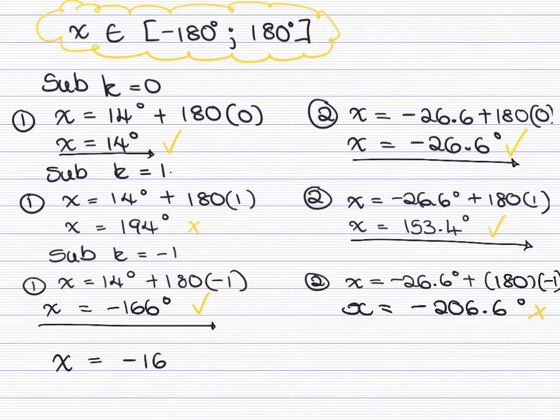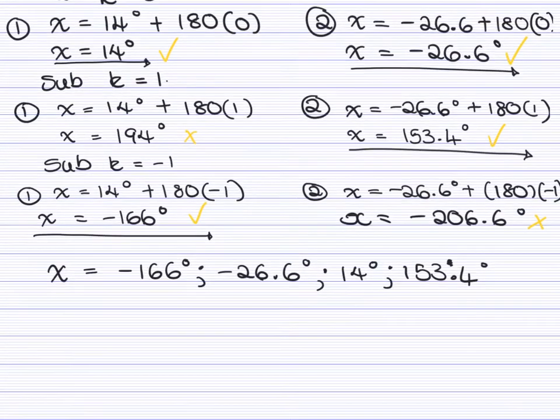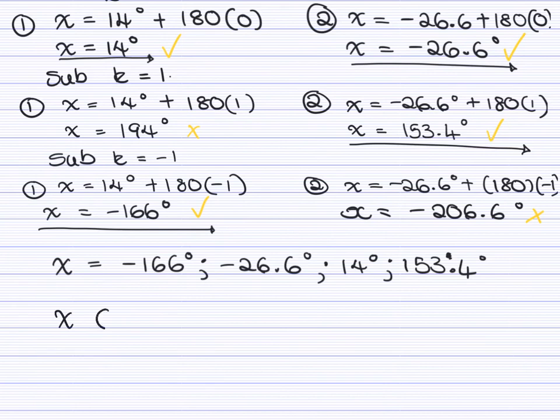Okay, so the x values are as follows. I'm going to write them in ascending order. Sometimes you can also express, or you'll see the answer expressed in set notation.